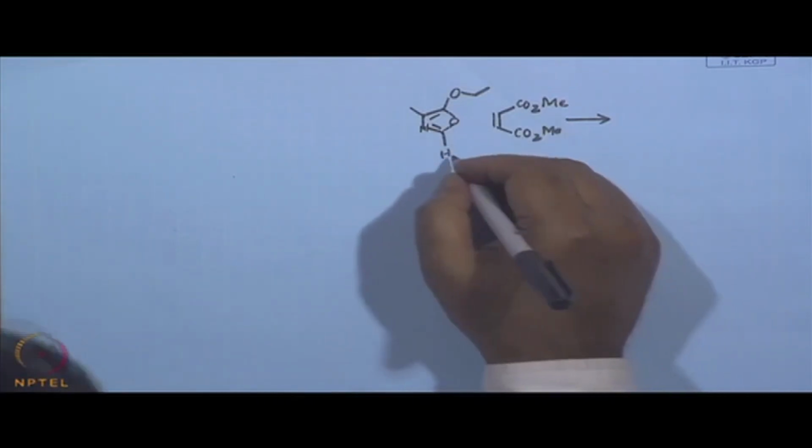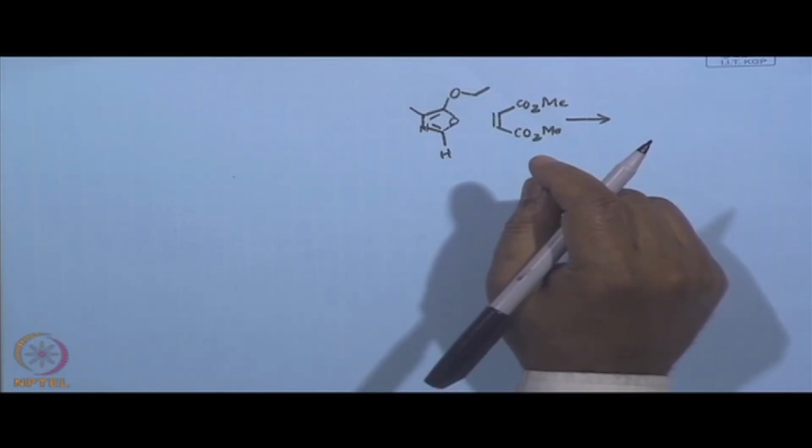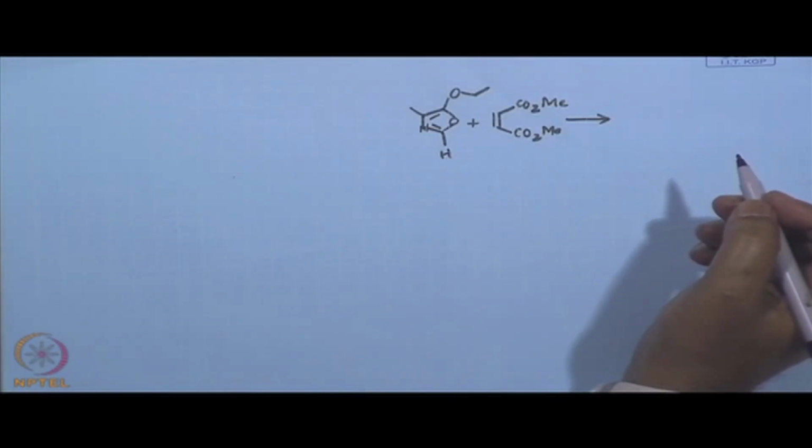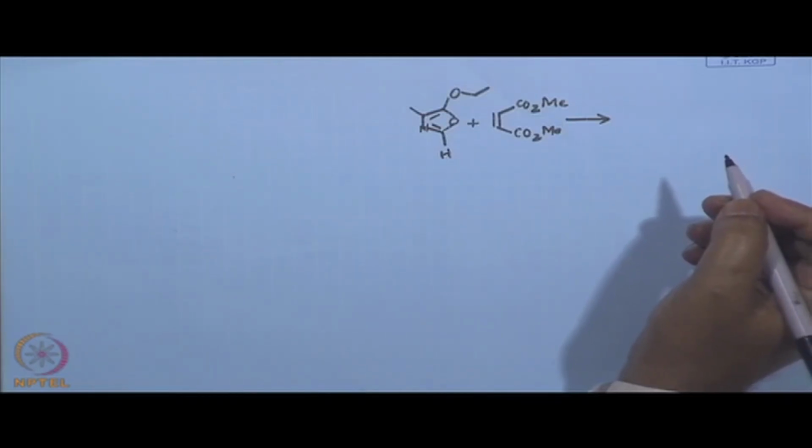That is what we have to have some idea about. Our idea comes from the background. So far we have known all the details about furan chemistry, and one example we have seen was an intramolecular version, but this is an intermolecular version. Now you have to evaluate whether this reaction is feasible or not.